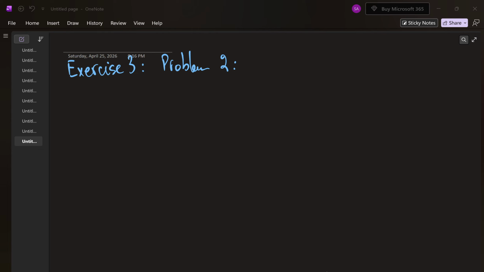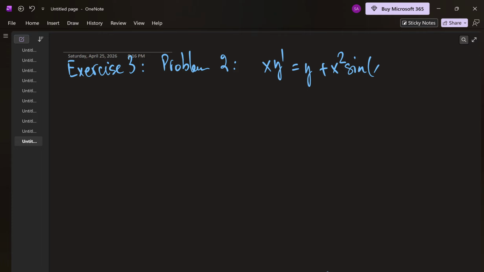So the solution is we have x times y prime is equal to y plus x squared sine x, and you have the initial condition y of pi is equal to 0.